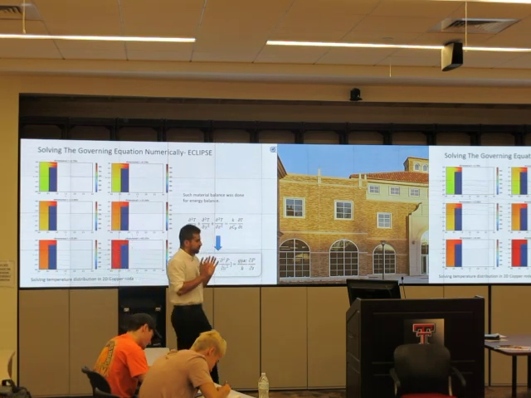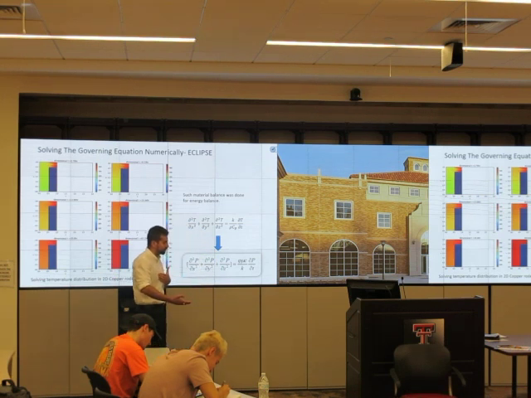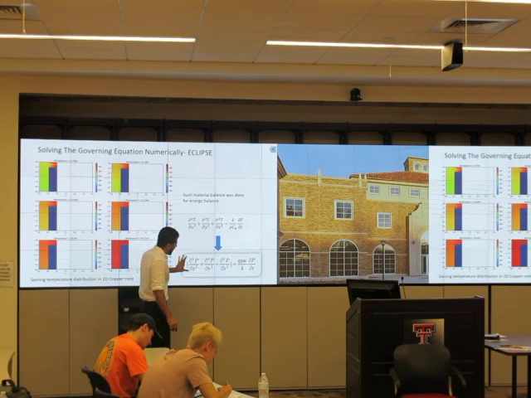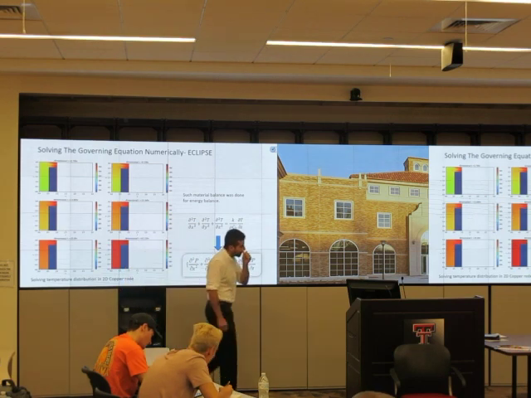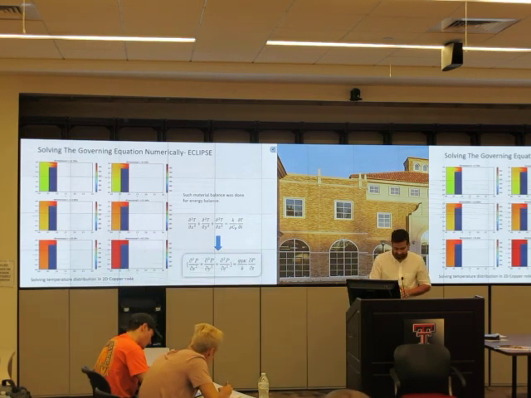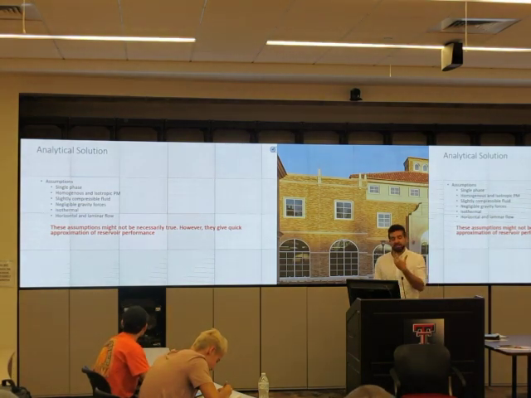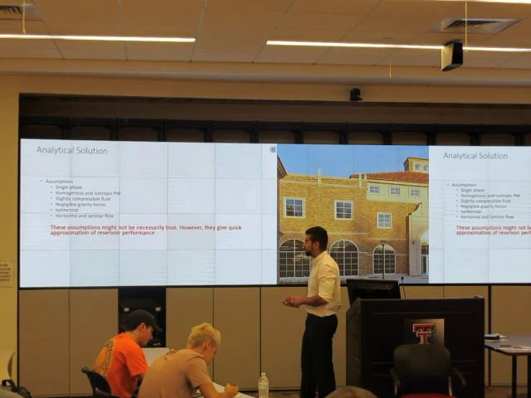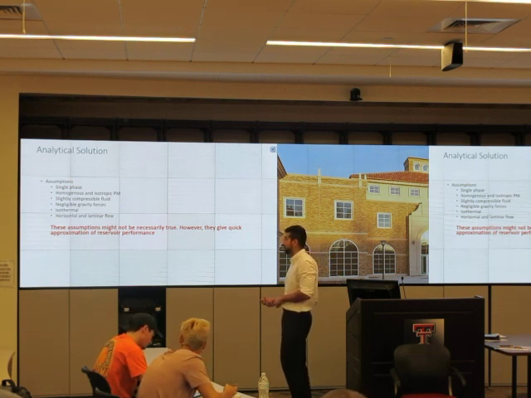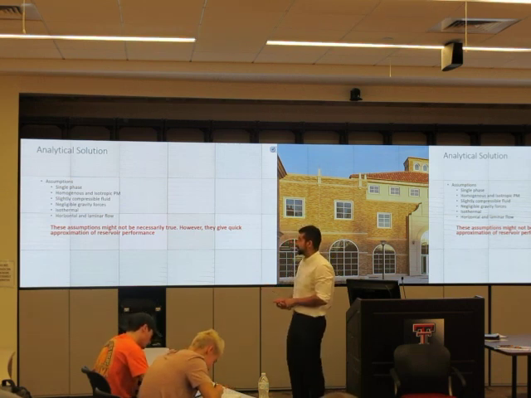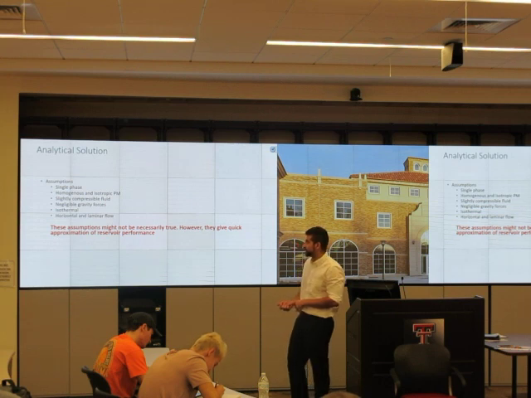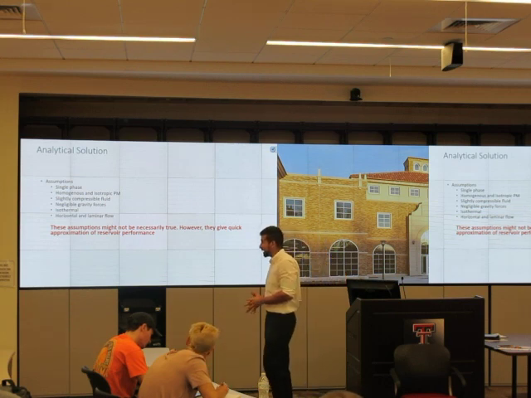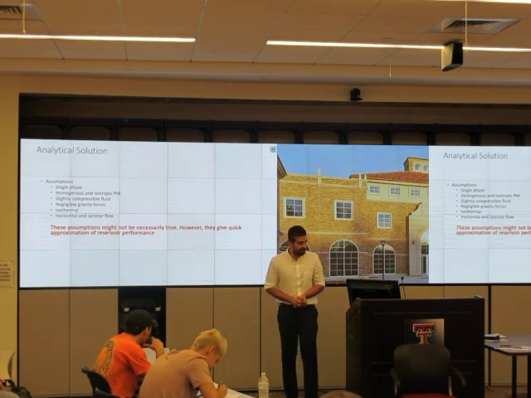So now we're going to get into the equation that you guys have known. When you have this equation, you further simplify it and make some assumptions. These are the assumptions that we have. It has to be single phase flow, homogeneous and isotropic reservoir rock, slightly compressible fluid, negligible gravity forces, temperature should be the same everywhere, and horizontal laminar flow.